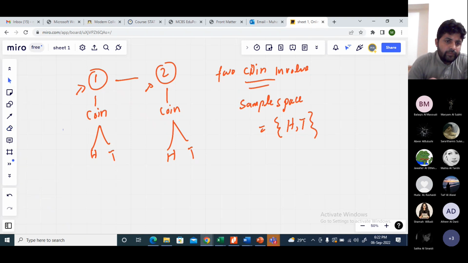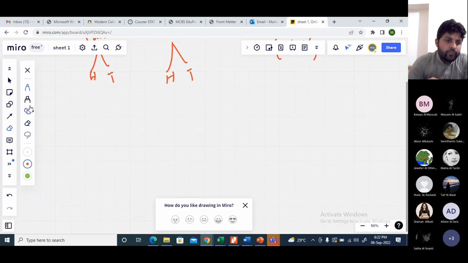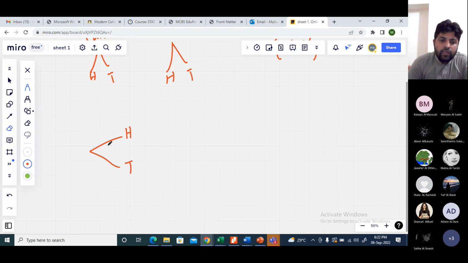For example, you have the first coin and you have head and tail. After the first coin, you will have the second coin. From the first coin, if you have head, and for the second coin, if you have head, you will have head, head, and head, tail.